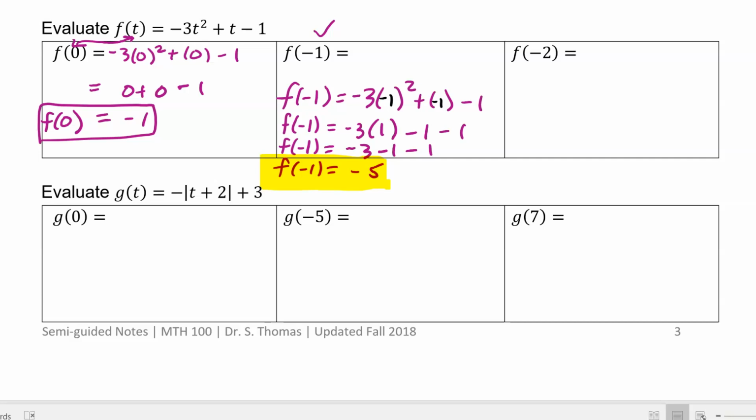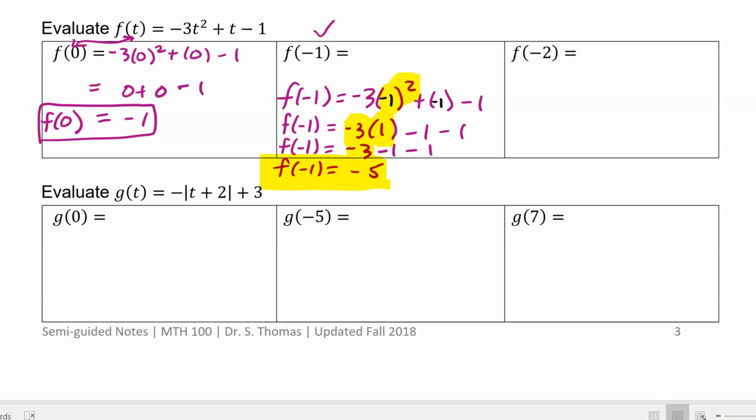When you make the substitution, this is where most people mess up: they do not square the -1 first. According to order of operations, you have to square -1 to get +1. Then multiply that 1 times the -3 to get -3. And then -3 minus 1 is -4, and -4 minus 1 is -5.